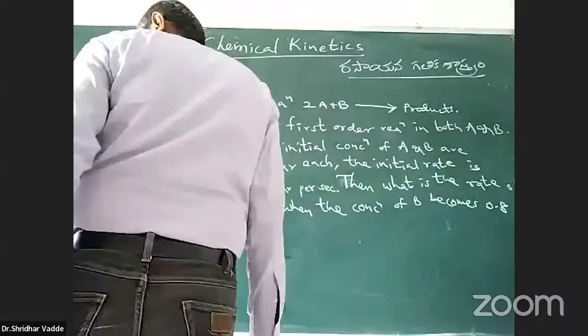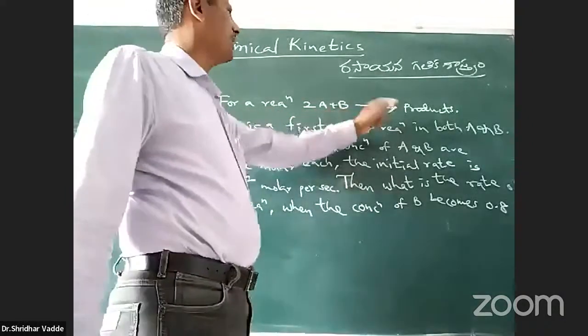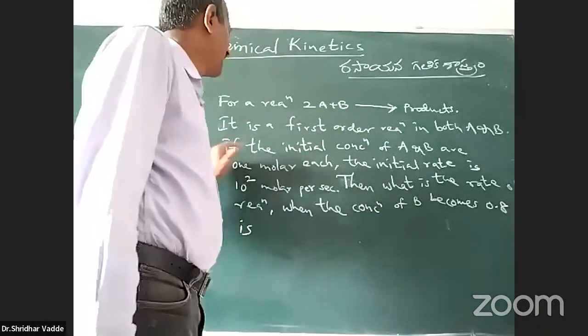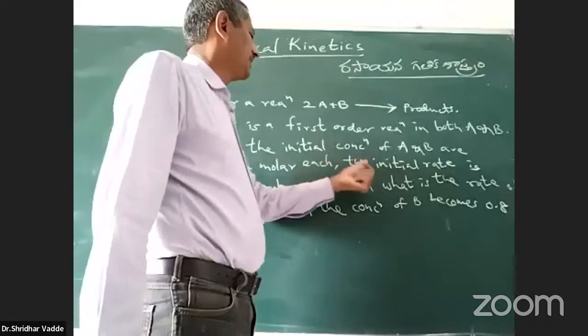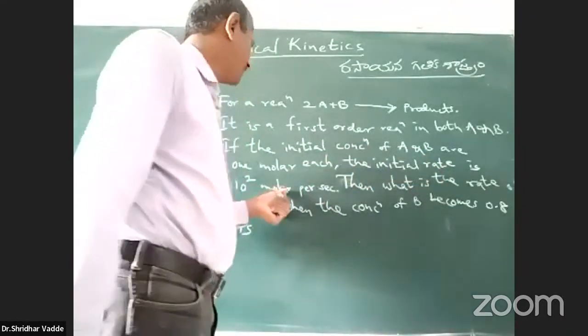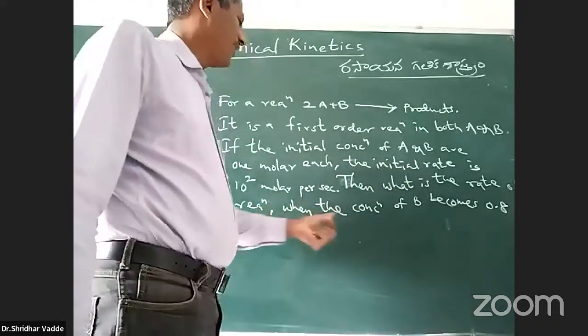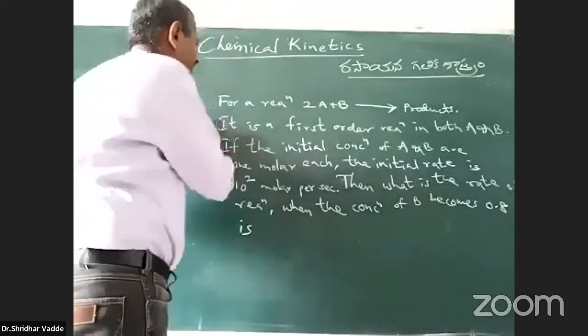So, my dear friends, for a reaction 2A plus B gives products, the reaction is first order in both A and B. The initial concentration of A and B are 1 molar each. The initial rate is 10 square molar per second. Then what is the rate of reaction when the concentration of B becomes 0.8 molar?